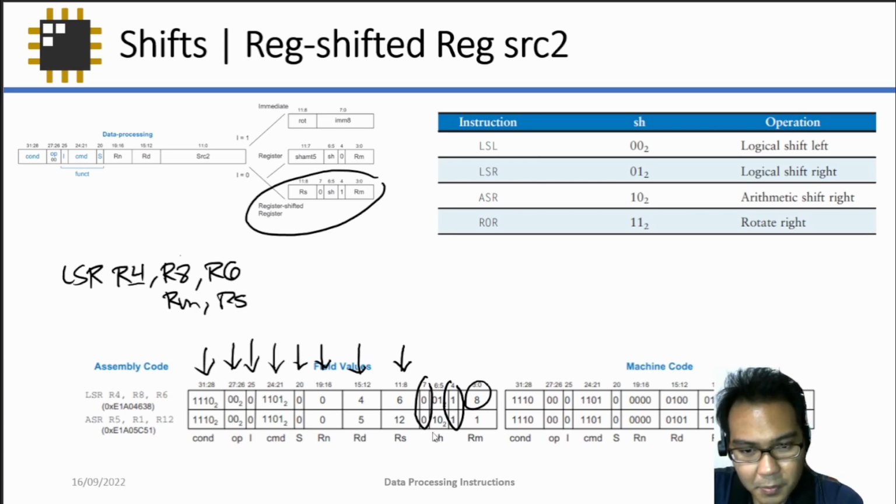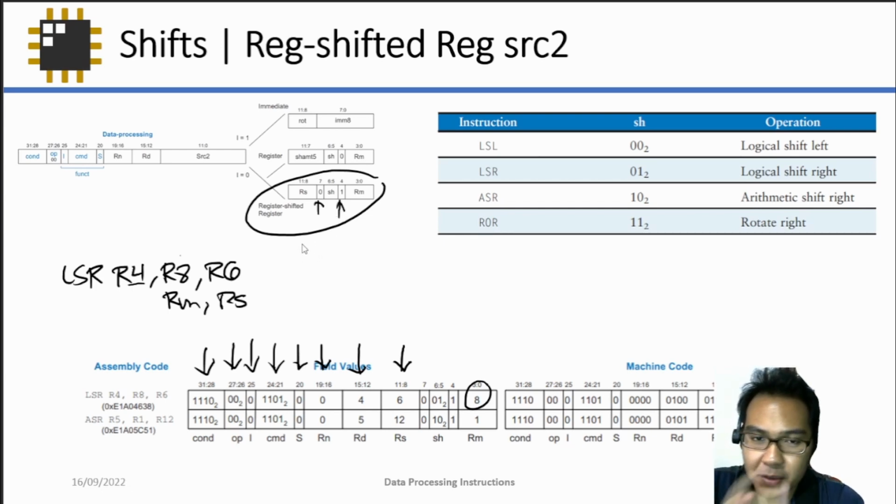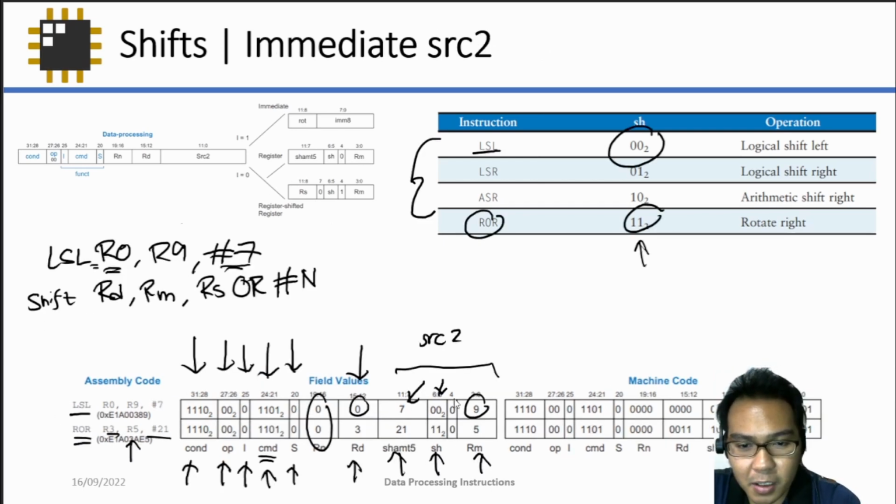So for register shifted register, you can see here that the seventh bit is always 0 and the fourth bit is always 1. You can compare that with this one. So actually, the fourth bit is the thing that tells if it's register addressing or register shifted register addressing. If bit 4 is 1, it's register shifted register.